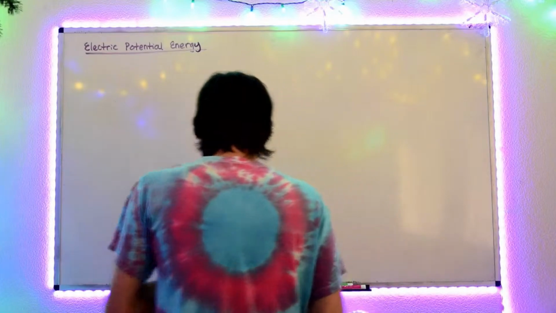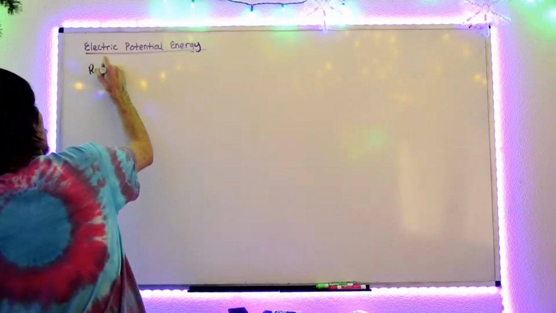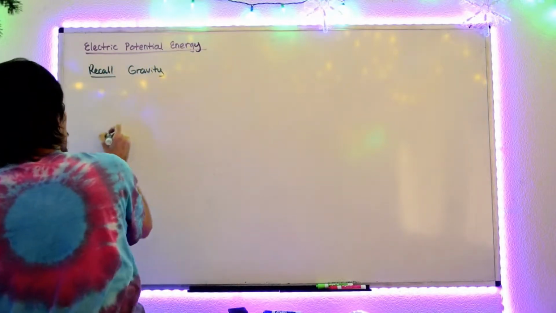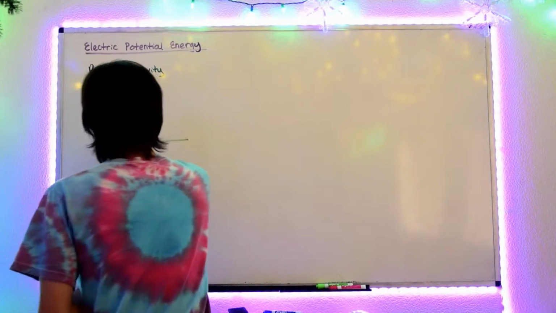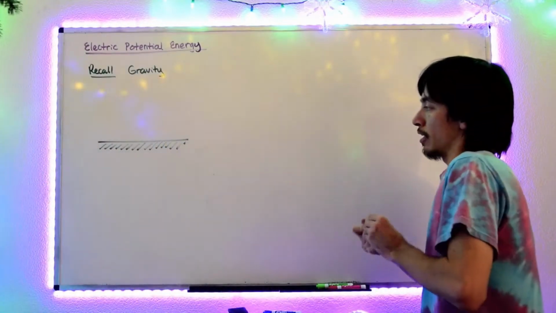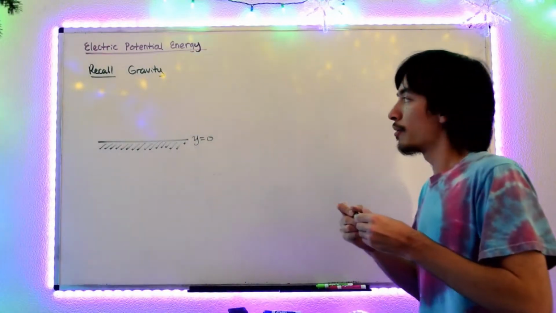So with gravity, which is much easier to understand, I want to recall, let's say that we are really close to the Earth's surface. We have the ground here. So this is our y equal to 0 here on the ground.